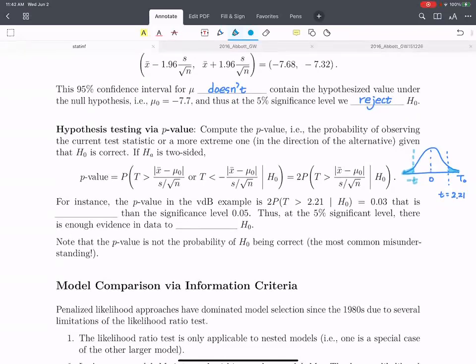For instance, when I calculated the p-value in the VDB example, the p-value was 0.033. That was smaller than the significance level. So at the 5% significance level, we conclude that we have enough evidence in the data to reject the null.